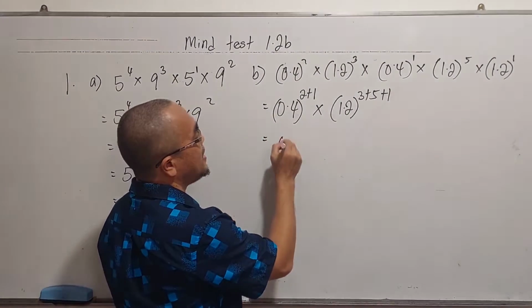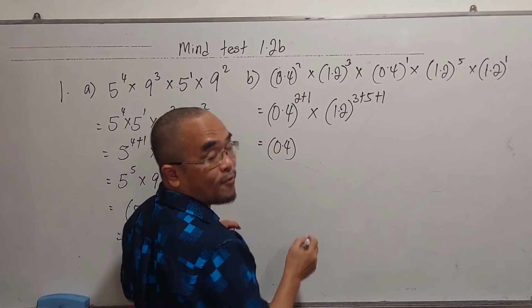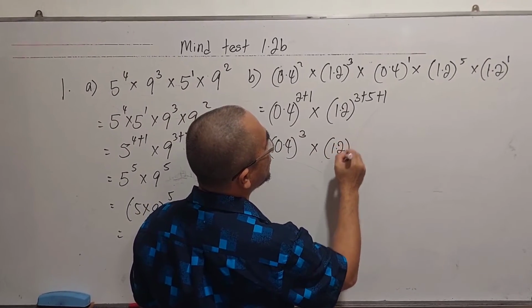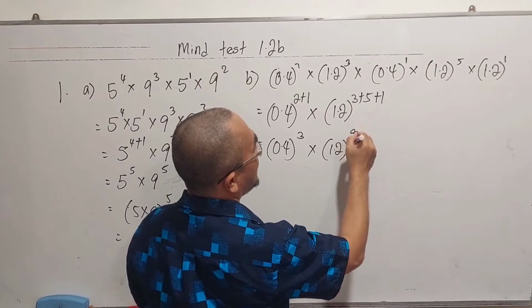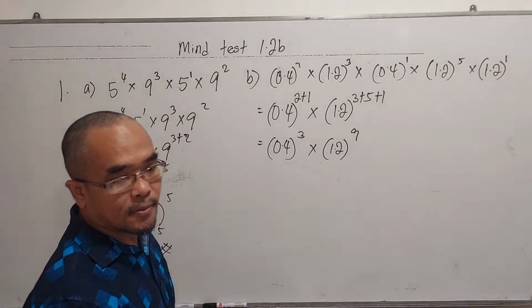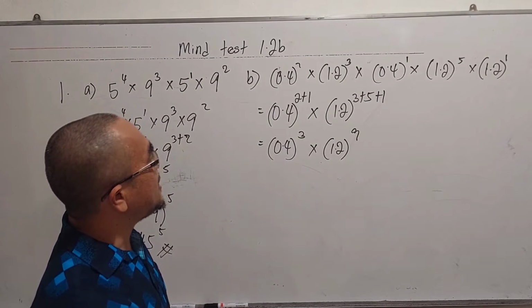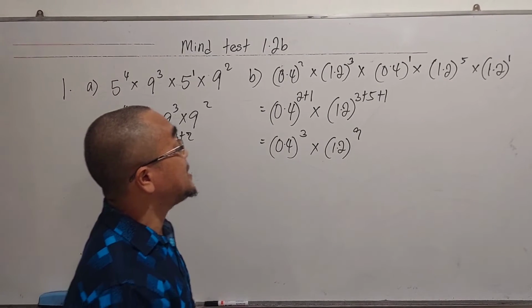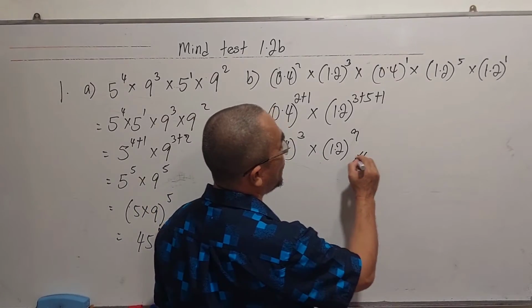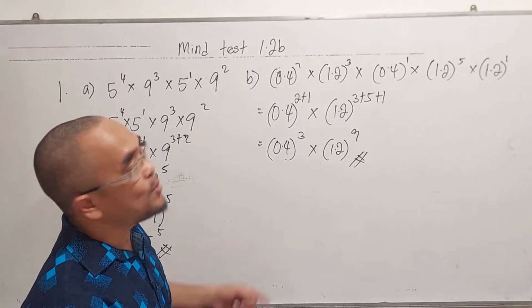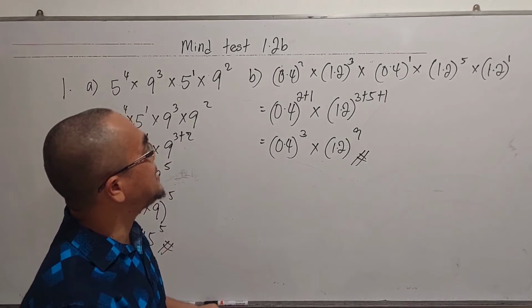And simplify, so you have 0.4 to the power of 3 times 1.2 to the power of 9. Actually, because now I'm teaching you, I have to write it down. Actually, you do not have to write. Okay, you can simplify further, but this is the basic of it.